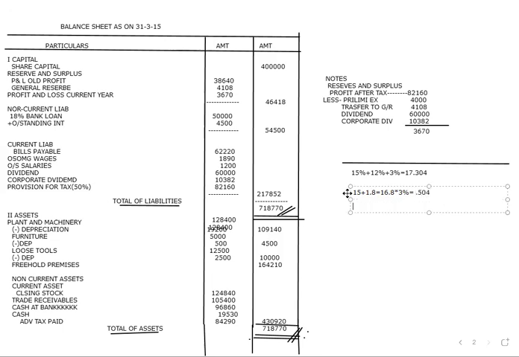Now I'll add the same in sequence: 15% plus 1.8 plus 0.504. All together this will be 17.304. So this is what we have calculated here. Hope you all have understood.